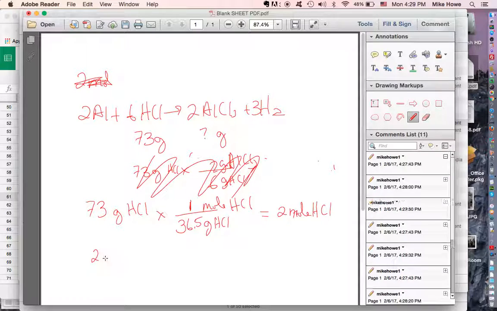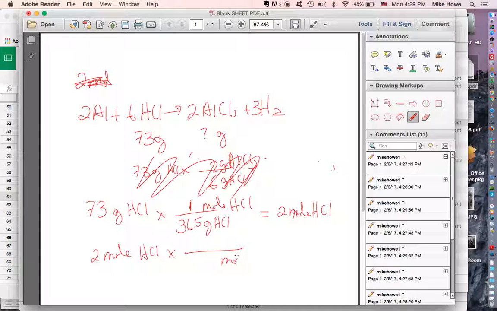Then we take our 2 moles of HCl, moles on the bottom, moles of aluminum chloride on the top, because we're looking for aluminum chloride, remember. So now we know there are 2 of these for every 6 of those. So that gives us 4/6 or 0.67 moles of aluminum chloride.